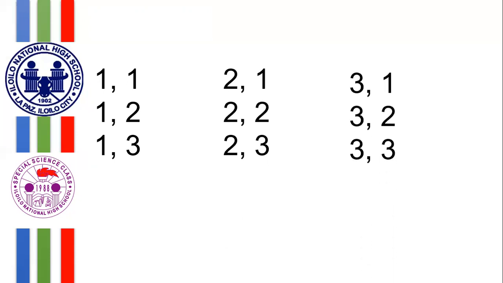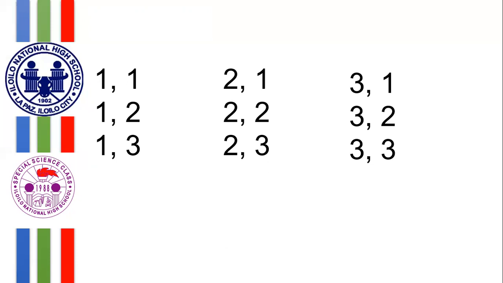So you could have 1, 1. 1, 1 means you enter at gate 1 and exit at gate 1 still. 1, 2 means you enter at gate 1 and exit at gate 2. 1, 3 means you enter gate 1 and exit gate 3, and so on. So you could also have 2, 1, 2, 2, 2, 3, and 3, 1, 3, 2, and 3, 3. Hence, these are all the 9 possible outcomes.